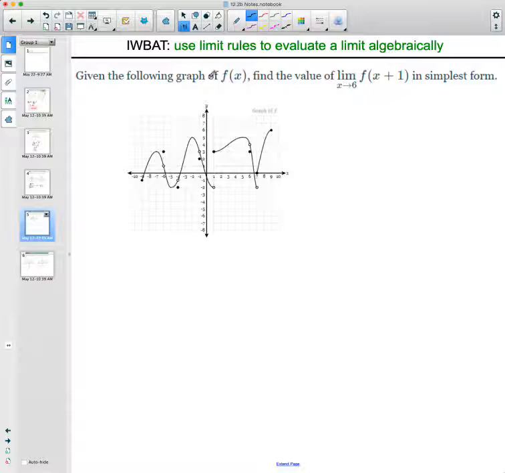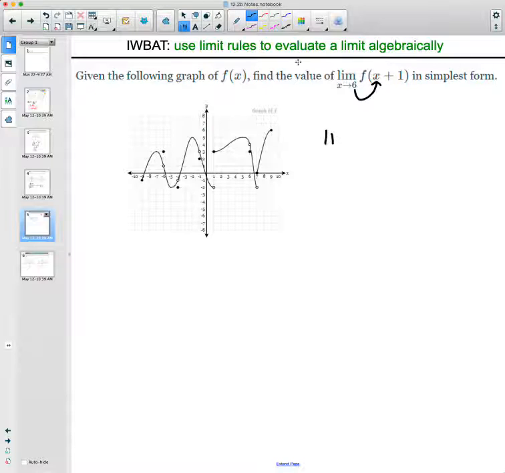All right, this one we didn't really talk about in the properties. But if you have a limit of f and then in parentheses you have x plus 1, this is just a polynomial in here. So you can just take that and still put it in. So what you're really doing is the limit of f of 7.